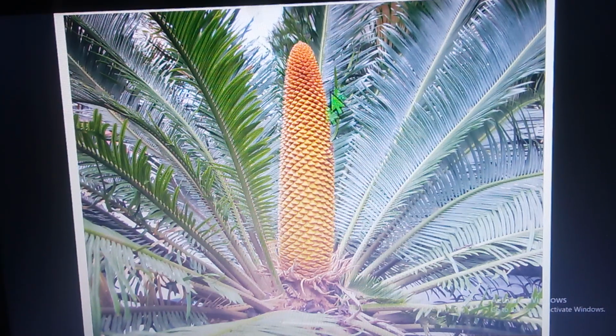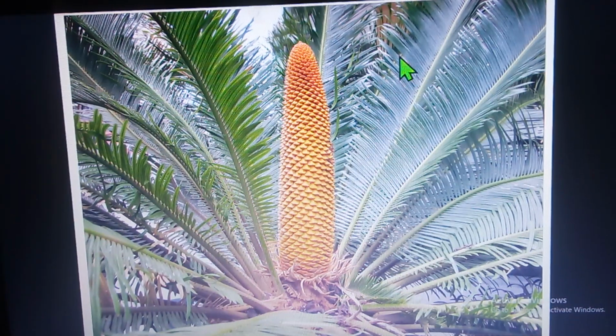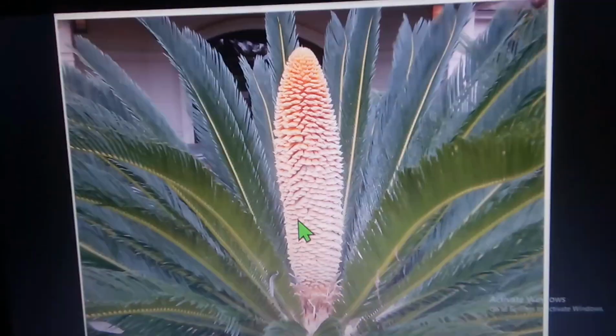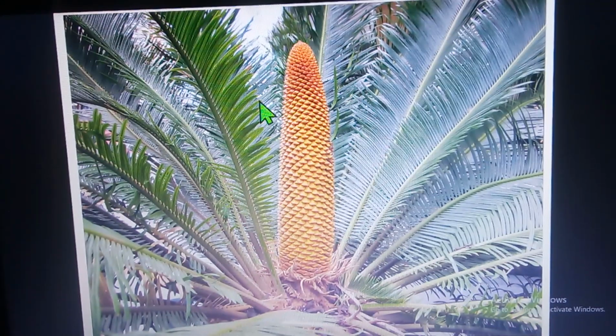And these are the Microsporophylls. One more thing here, we see that the Microsporophylls are arranged in the form of a spiral, where the youngest Microsporophylls are formed at the top, and the oldest Microsporophylls are found at the lower part of the cone.